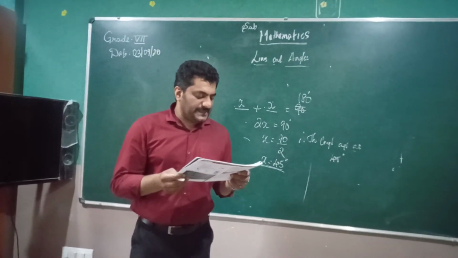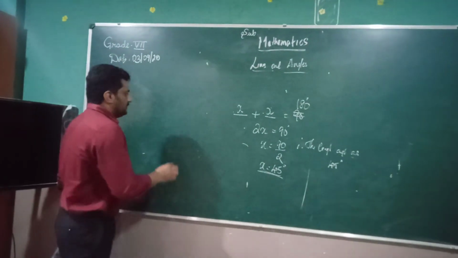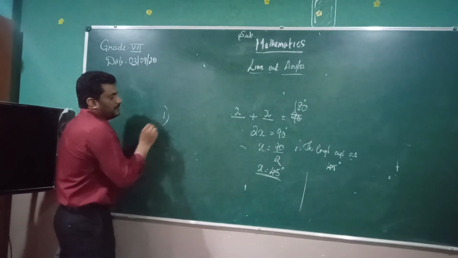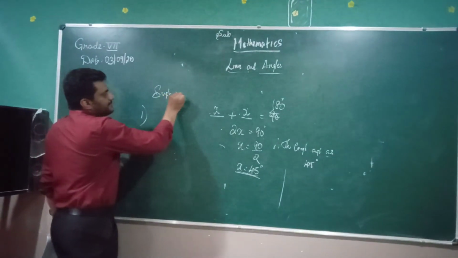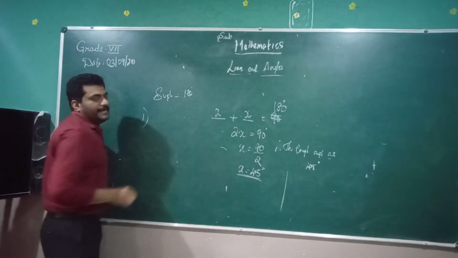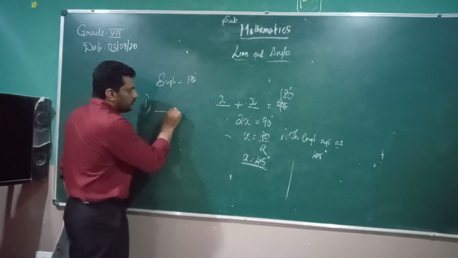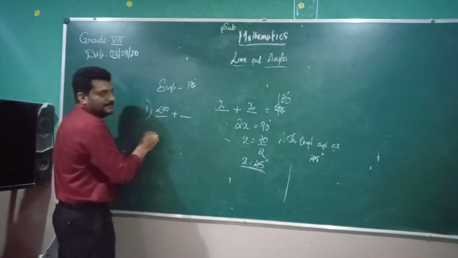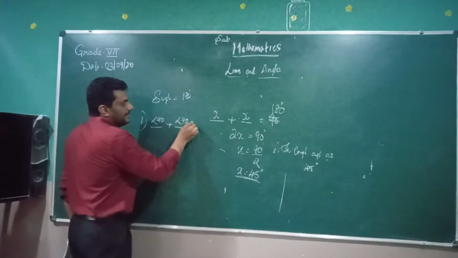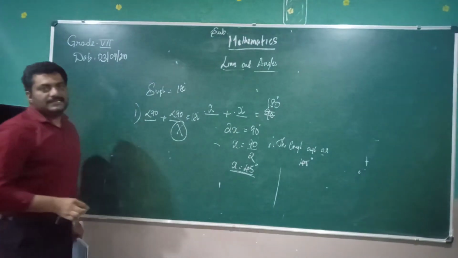Can two angles be supplementary if both of them are acute angles? Now, what they are telling is, supplementary is nothing but 180 degrees. When we add two angles, we have to get 180. If I put two acute angles, less than 90 and less than 90, do we get 180? We do not get.